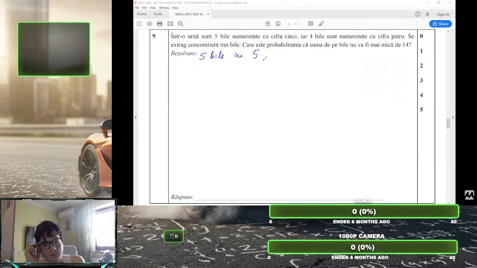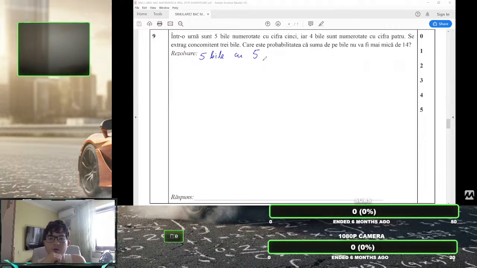So pretty much, I don't know exactly, maybe it's combinations of 9 below 3, because there are 9 balls in total and 3 are extracted.